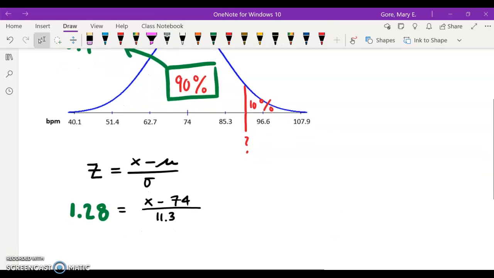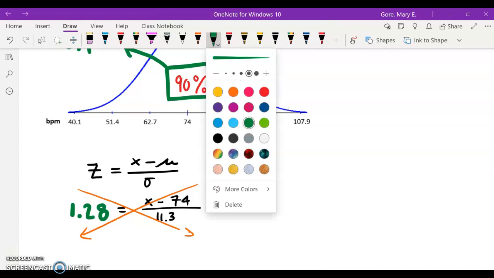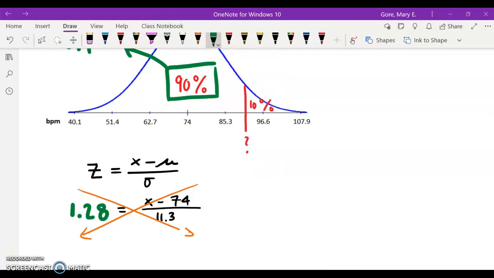So now what we're left with is an algebra equation that we need to solve. This one takes a little bit of algebra finesse. Let's start by cross multiplying. And if you want to think about it, that 1.28 is understood to be over 1. Every number is, so maybe it's easier for you to cross multiply if you see it that way.